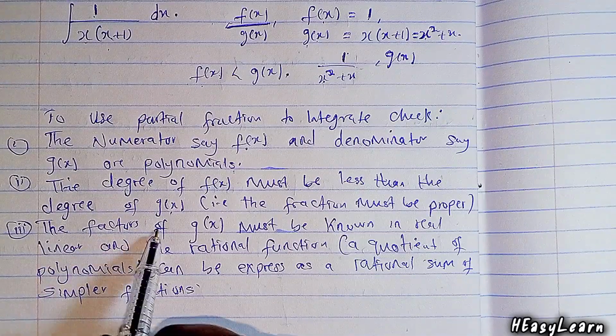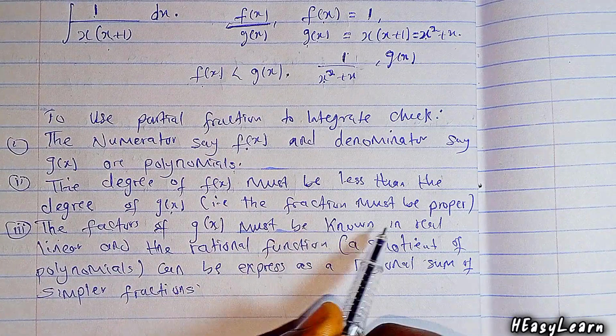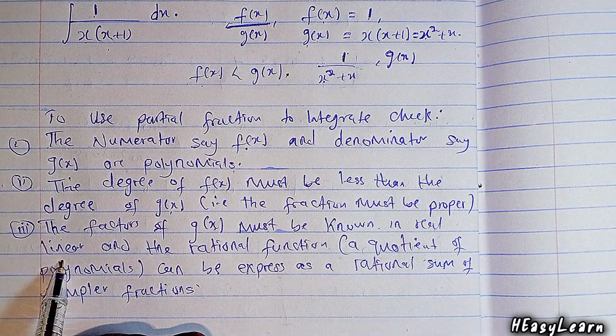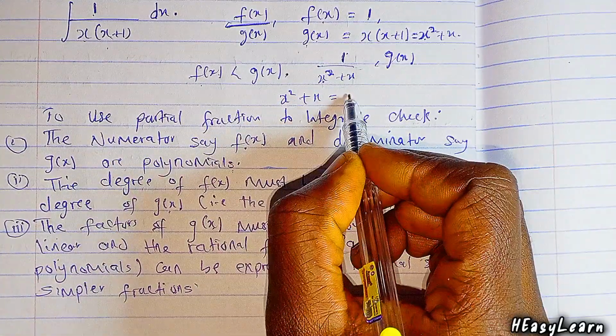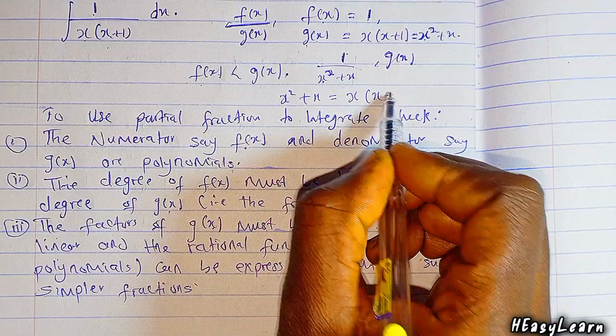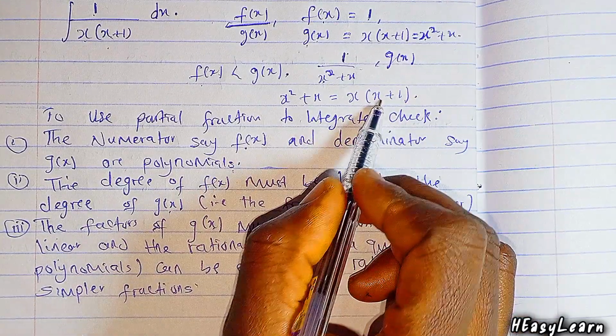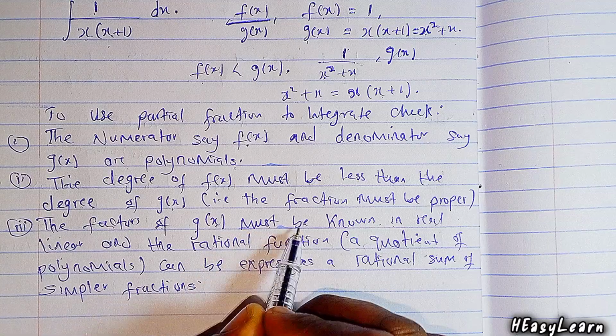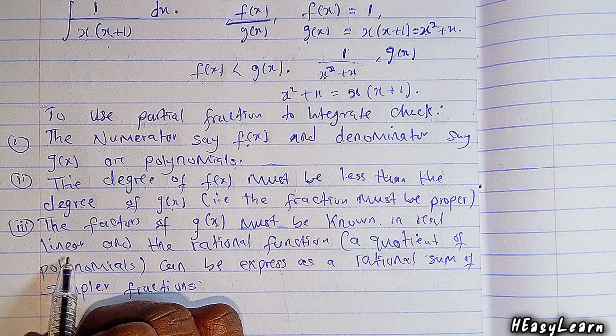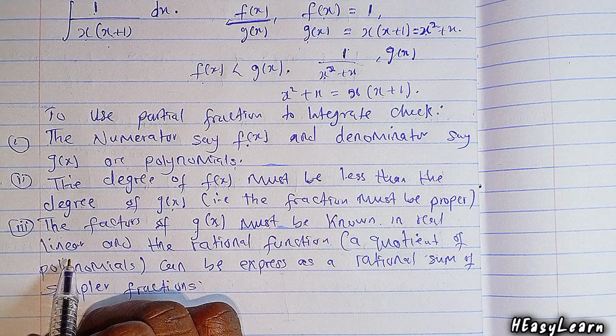Then the factors of g of x must be known in real linear form. X squared plus x can be rewritten as x times x plus 1. So this is saying that the factors of g of x must be in real linear form, not in complex numbers.